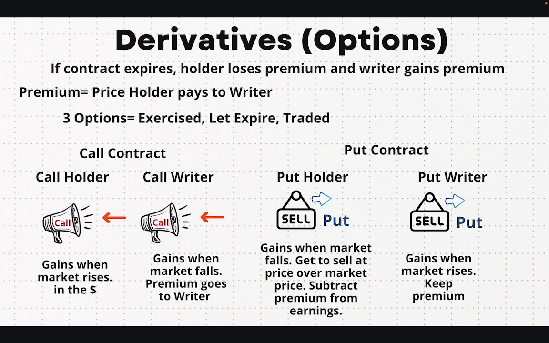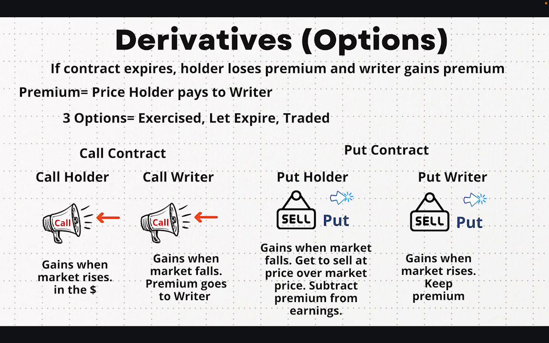So we're going to look at four options here: a call contract and a put contract. First, we're going to look at the two options in the call contract. The call holder wants the product. They want to lock in a price, and then they want the value to go up.